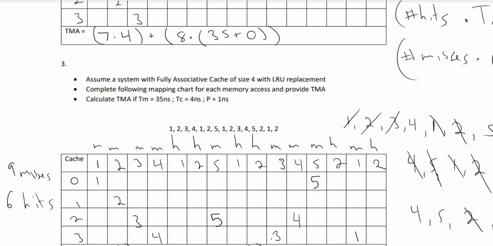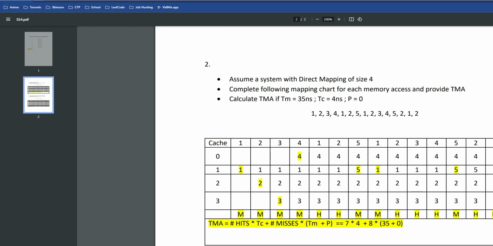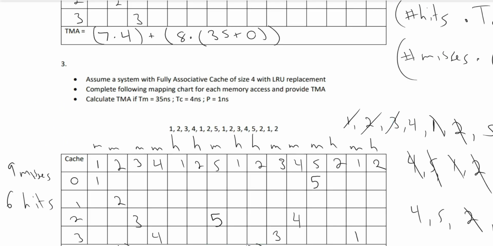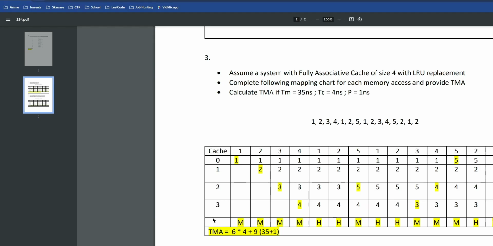Okay, I think that's right? 6 times 4 plus 9 times 35 plus 1. Yeah. 1, 2, 3, 4. And 5 goes there. 3 goes there. 4, 5, and 1. Yeah. Okay.